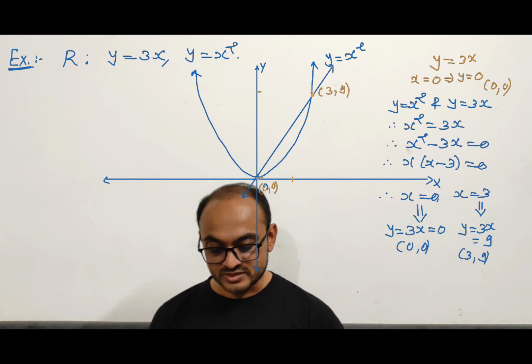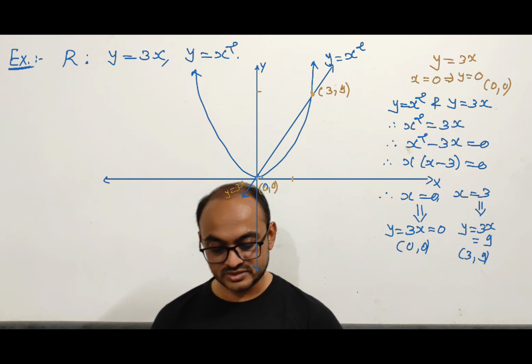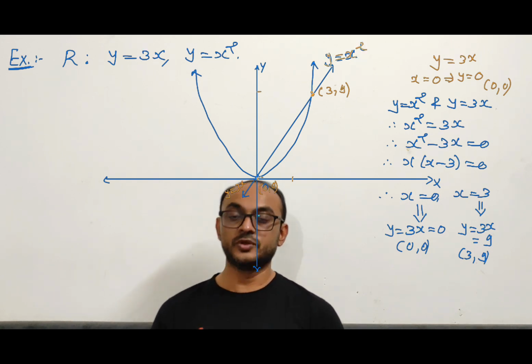This is the equation of the line y equal to 3x, and this is the curve y is equal to x square. You know this thing.